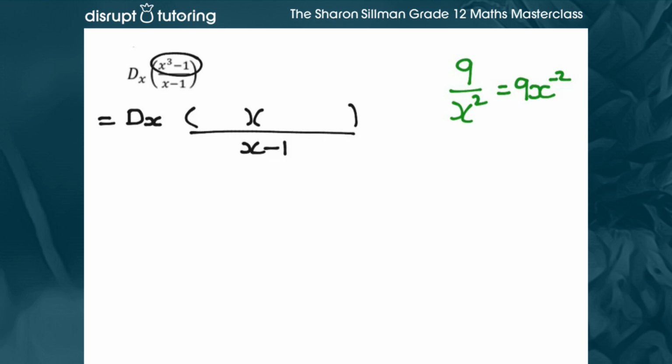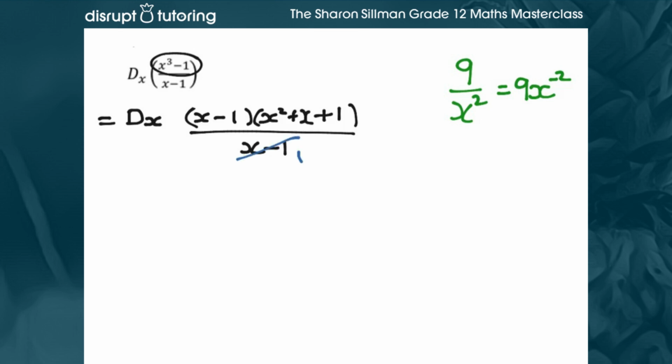So to factorize this difference of 2 cubes, cube root the first term, keep the sign, and cube root the second term. To find the 3 terms in this bracket, you take the first term of the first bracket we've just had and you square it. To find the last term, you take the second term that you just had and square it. To find the middle term, we multiply these 2 terms together, but change the sign.